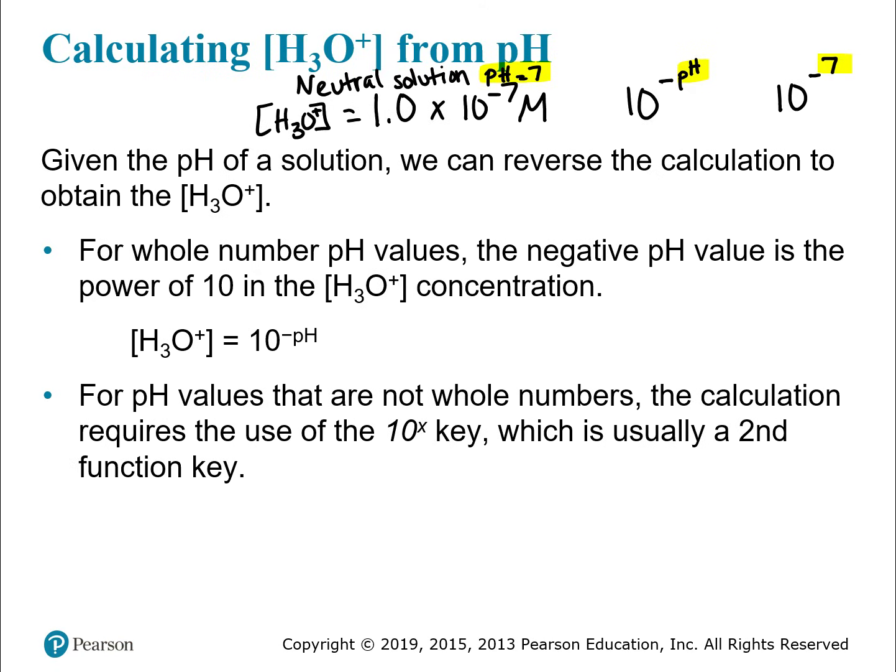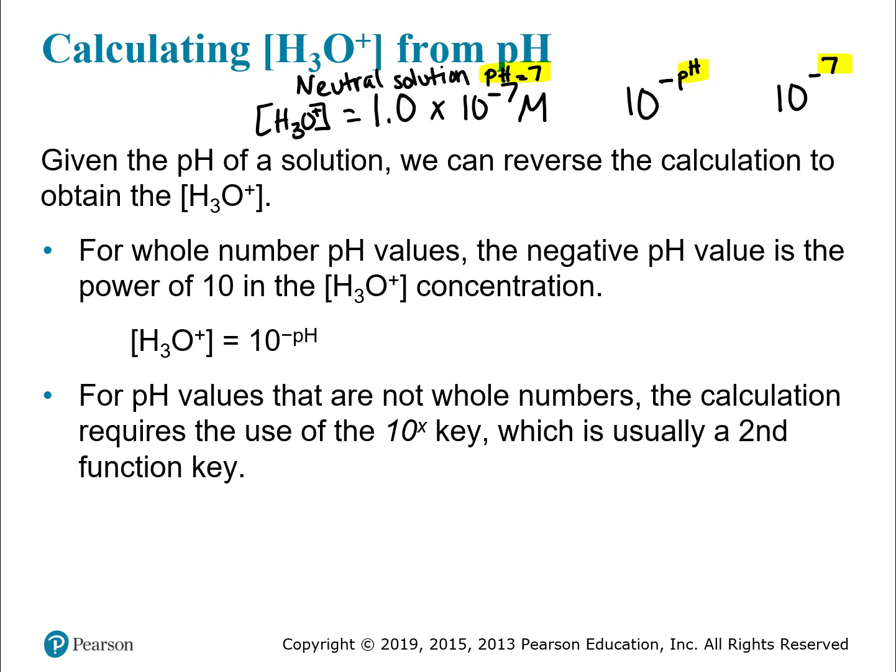But if you don't have a whole number, which is very possible, then you're going to have to use the 10x key. You'll need to find that on your calculator. It is usually a second function key, so it's not like a plus or a minus, something that you see the plus, you hit it, bam.